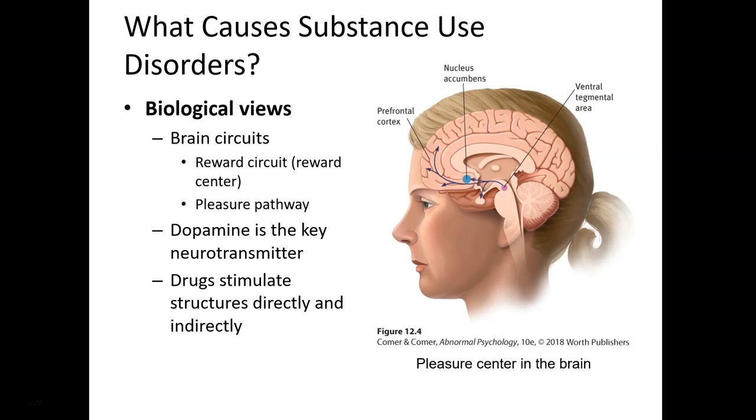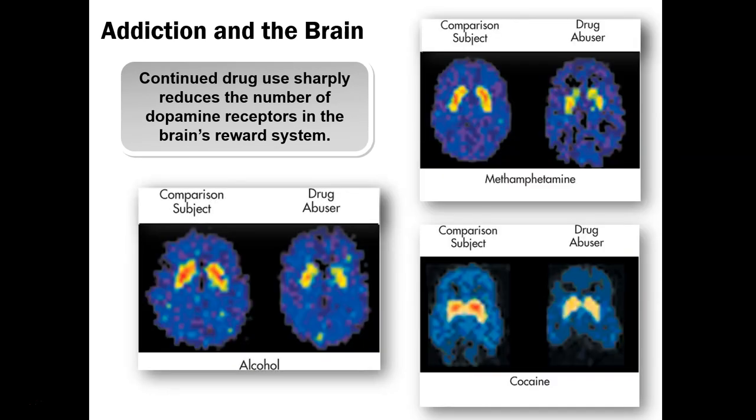But unfortunately, over time, your body starts to do that neuroadaptation where it tries to head off that flood of dopamine. And so those neurotransmitters start reducing in number. Here we have some PET scans of drug abusers of alcohol, methamphetamine, and cocaine.